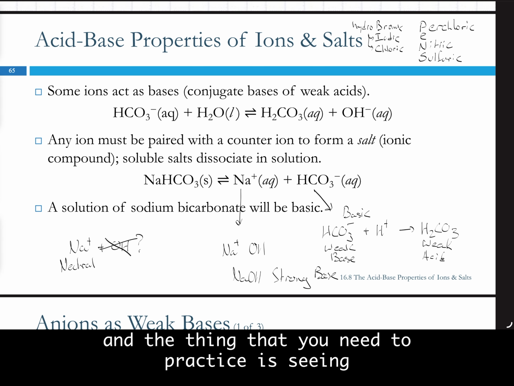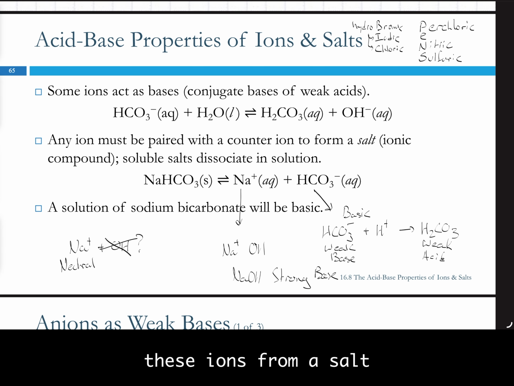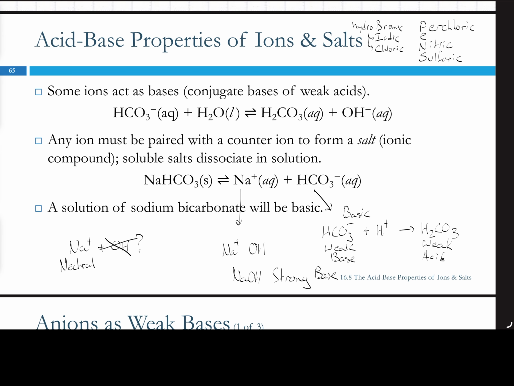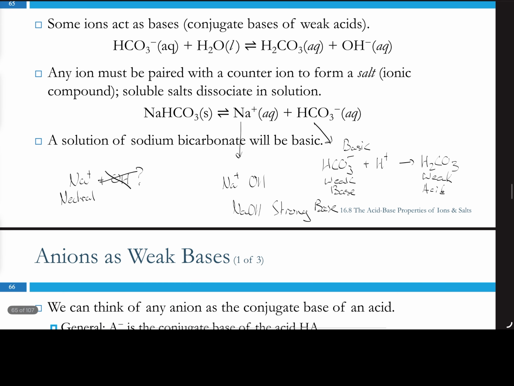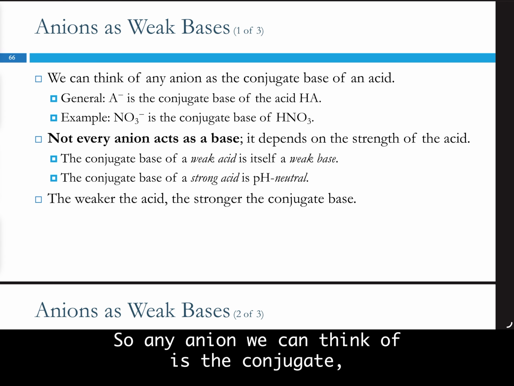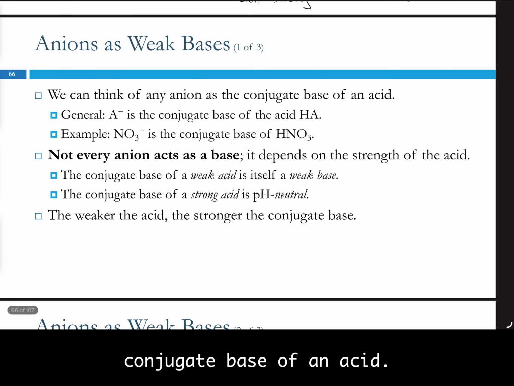So the trick, and the thing that you need to practice, is seeing these ions from a salt as conjugate acids or conjugate bases. So any anion we can think of as the conjugate base of an acid.